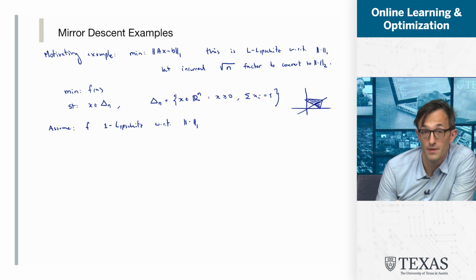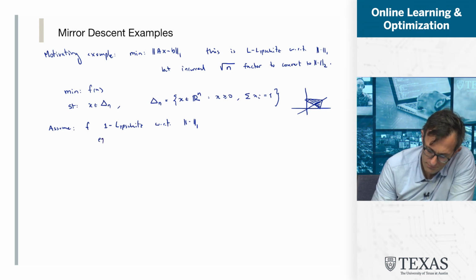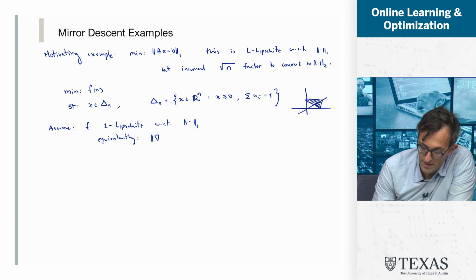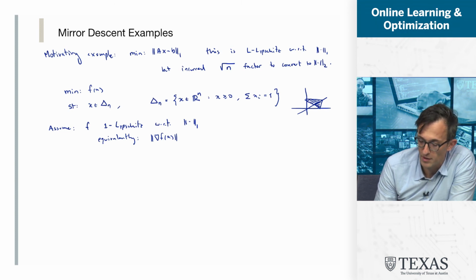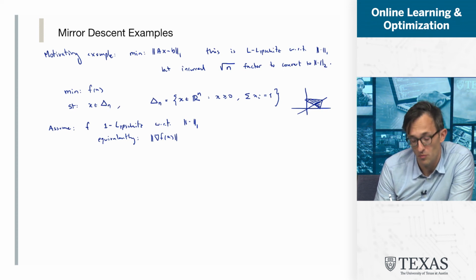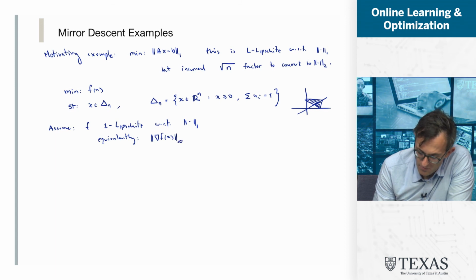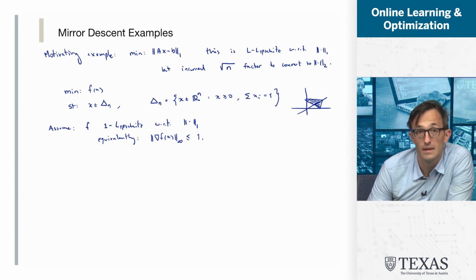Equivalently, this is like saying that the gradient or subgradients of f are bounded. Here's a chance to think about it for a second: am I going to use the one norm here? I'm not. I'm going to use the dual norm of the one norm, which we derived is the infinity norm. So equivalently, this is bounded in the infinity norm by 1, the Lipschitz constant.